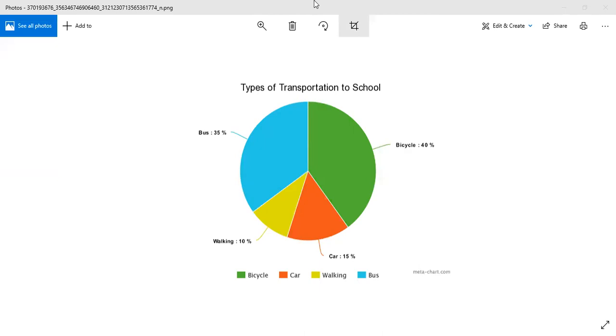Students use bicycle 40%, they use car 15%, they walk 10%, and they use bus 35%. We can see that the use of bicycle reached the zenith point, and the use of bicycle is more than the bus. But they use car more than they walk.